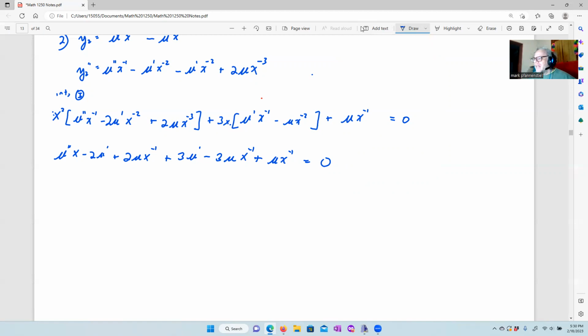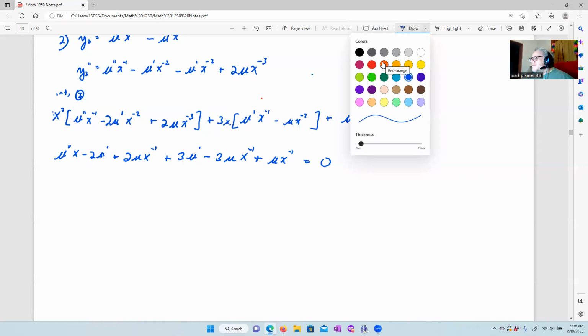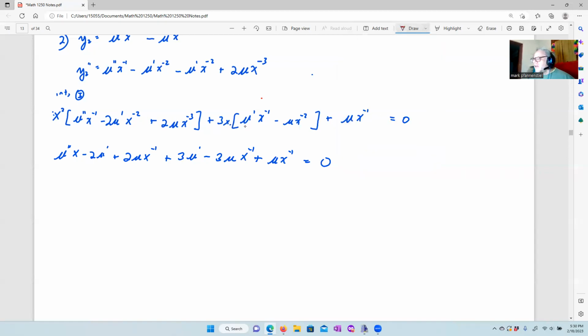So here we have, go back to my colored pen here. So we've got a u x to the negative 1 here, a u x to the negative 1 here, and we have 3 u x to the negative 1s.